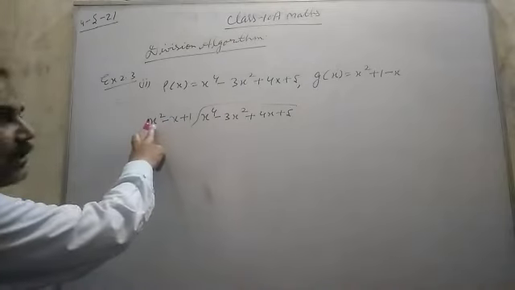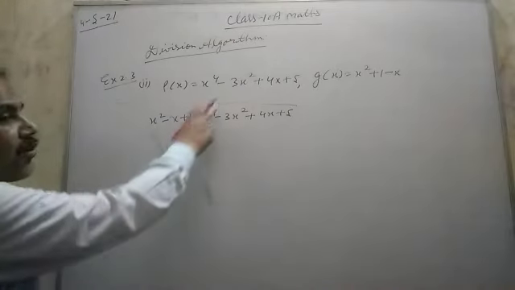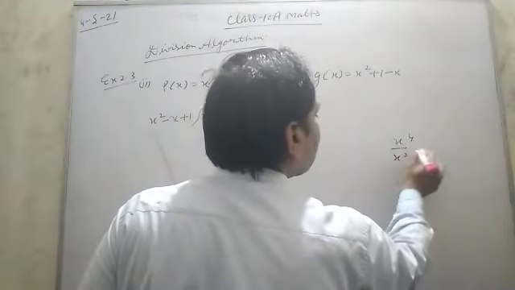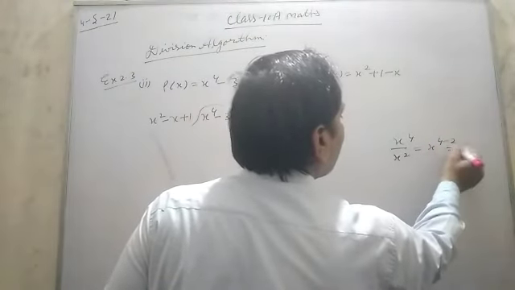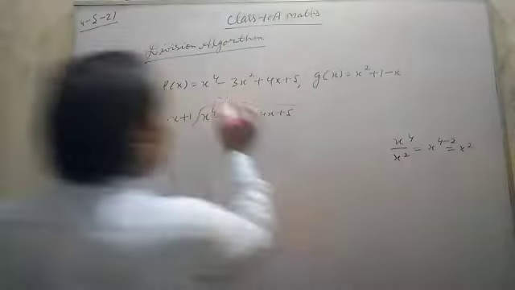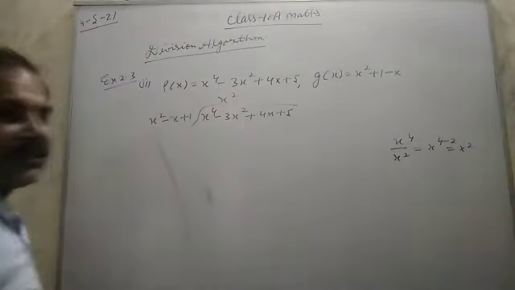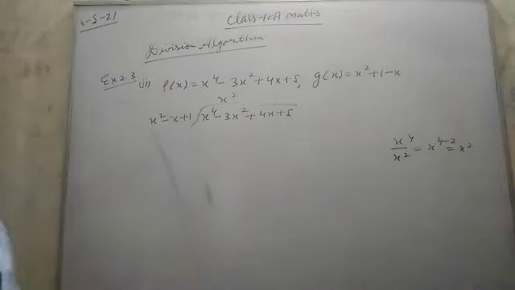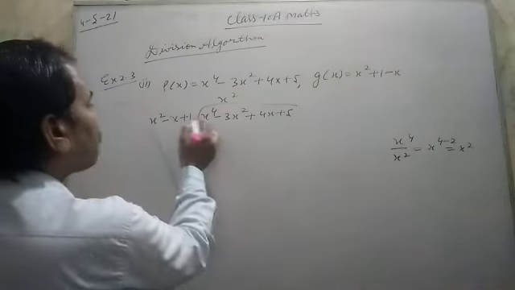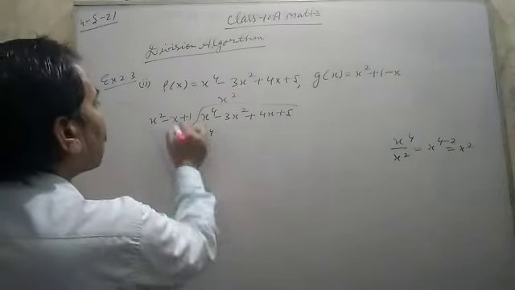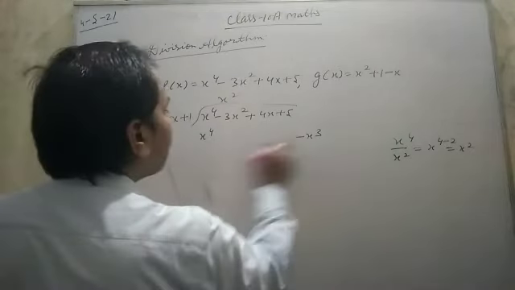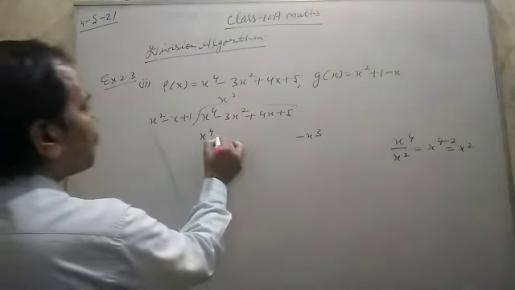Here x square is the highest, and here x power 4. So divide x power 4 by x square: x power 4 minus 2 is x square. So if we multiply x square by x square, then x power 4 will come. Multiply in all terms of the divisor: x power 4 minus x cube plus x square. Not matching here, so write separately.